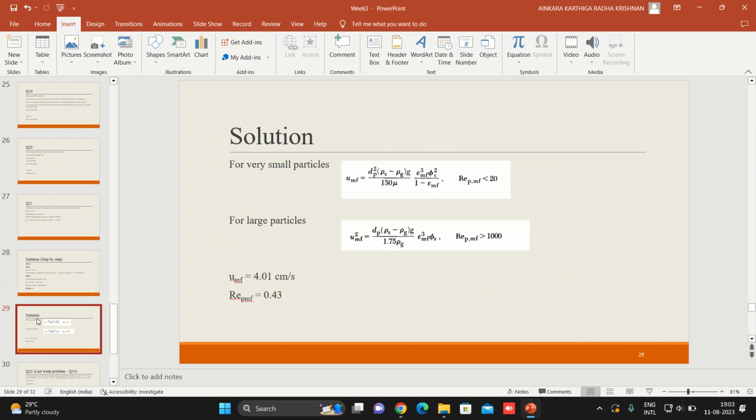Basically there are two formulas that can be used to find the minimum fluidizing velocity. The formulas vary for small particles and large particles. They have given the criteria of Reynolds number. First we should find the UMF for the smaller particles and check whether they come under this criteria. If not, we should go to the other formula and check whether they fall under its criteria.